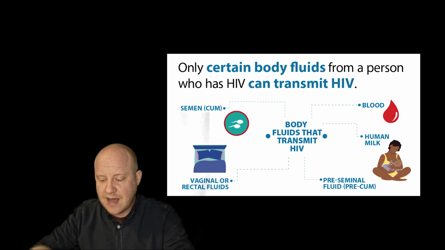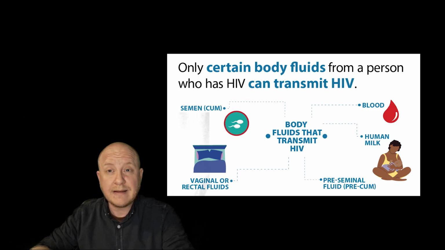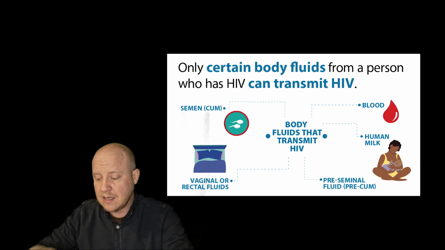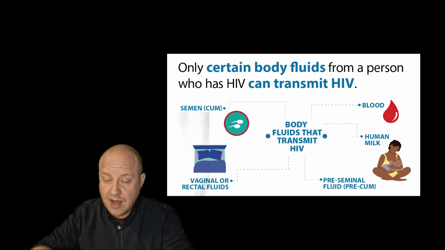HIV does not survive outside the body and is not transmitted, that means by saliva, tears, or sweat. Okay, so you cannot catch HIV by touching someone's spit or their tears or their sweat. It is also not transmitted by insects, such as via mosquito bites. So you can't get it from a mosquito bite.